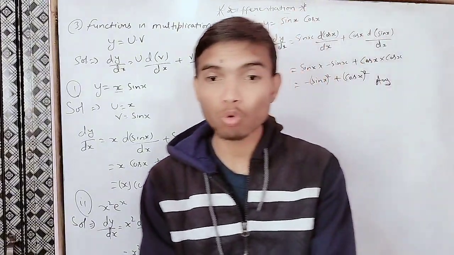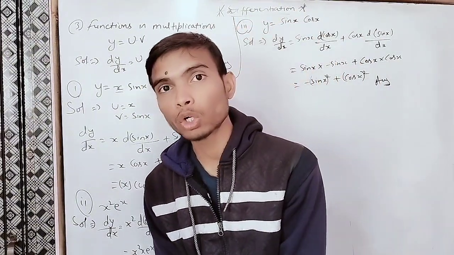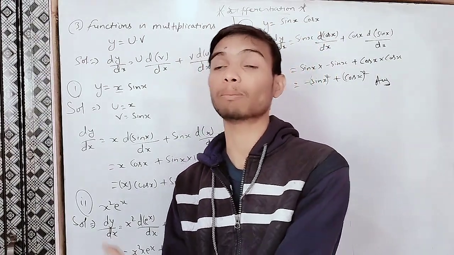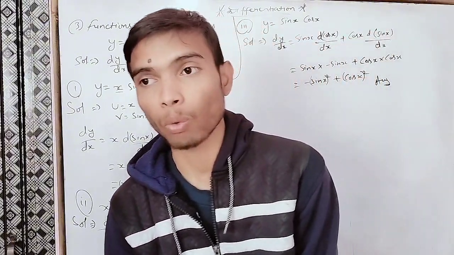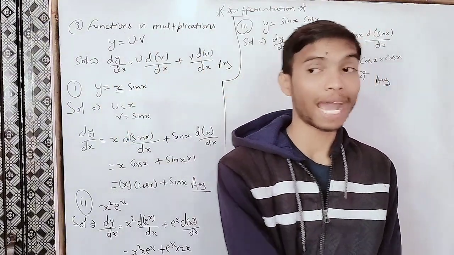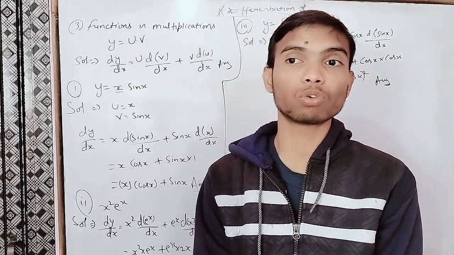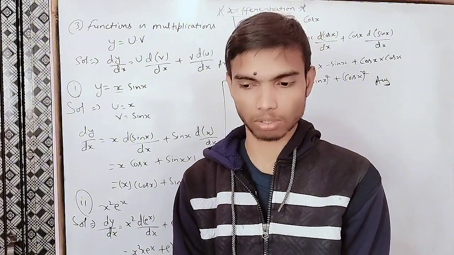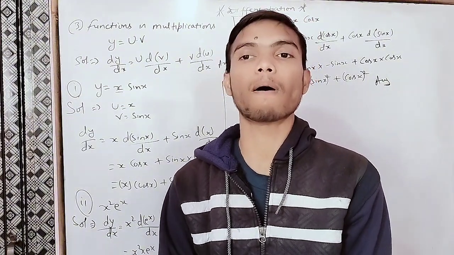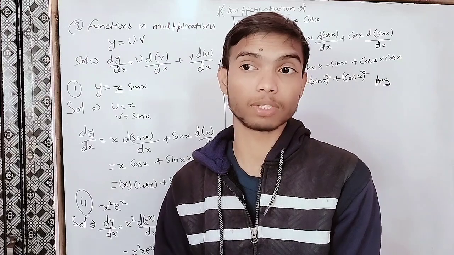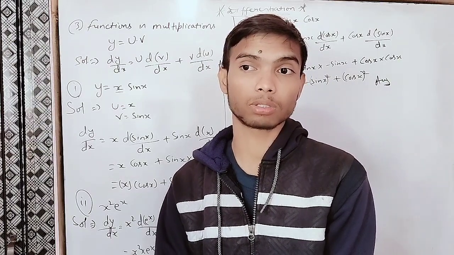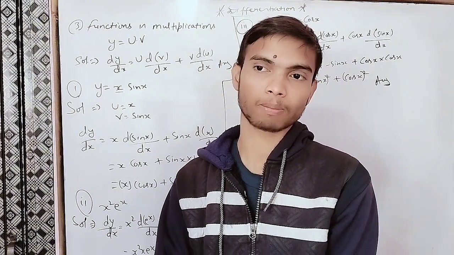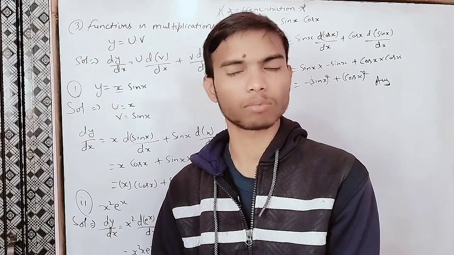It is saying that you have functions, but you have more than one function. You have two functions which are in multiplication. That's why we are looking at what is different, as we were solving in the beginning. So we have some rules. First, we saw multiplication with functions, then addition.